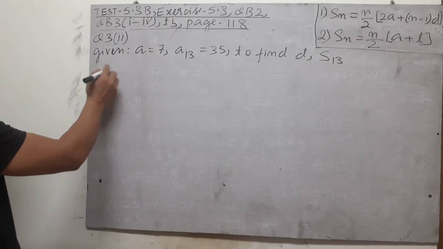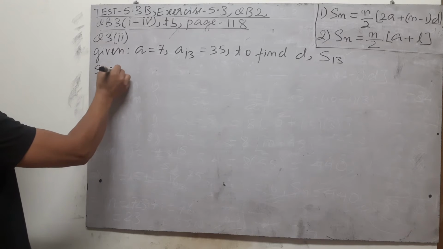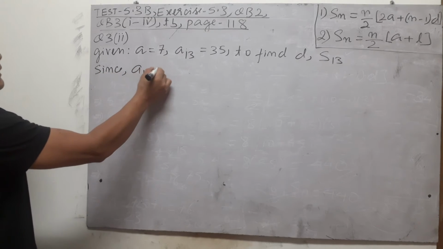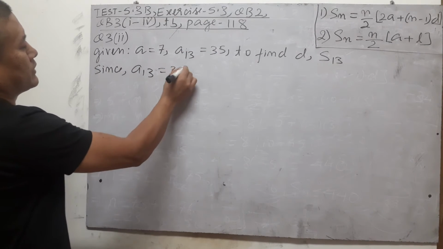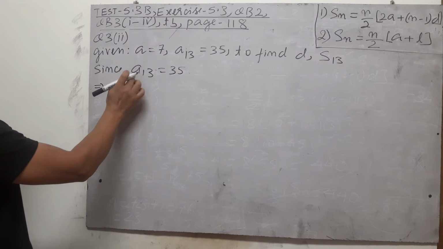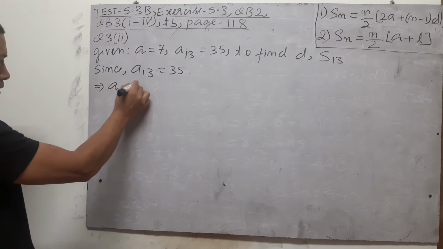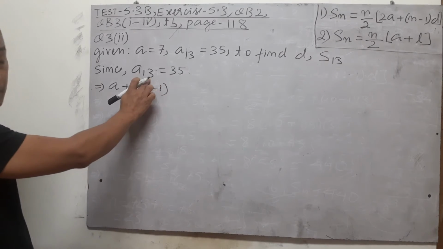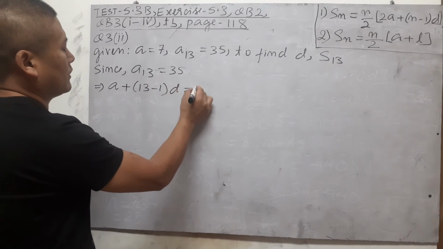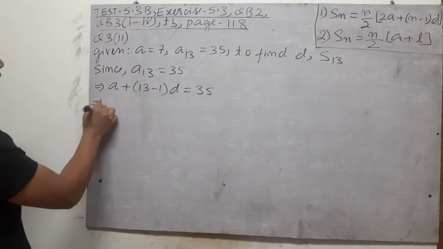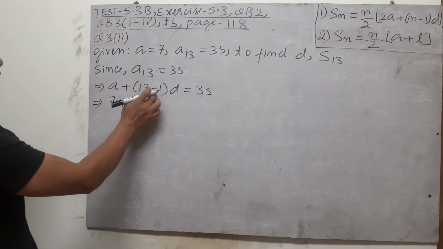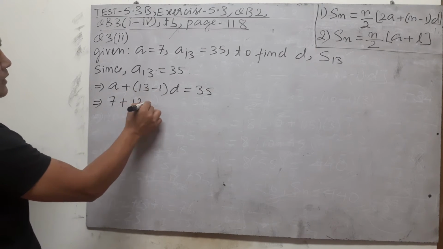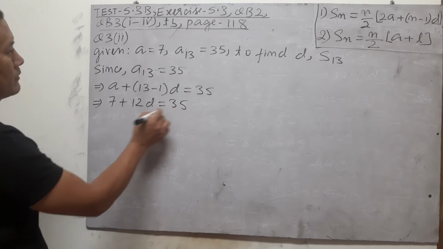Since this clue is given, a13 is given as 35, we can use this to start with. The formula for a13 will be a plus (n minus 1) into d, so 13 minus 1, because n is specific here, into d equal to 35. So a is 7, plus 13 minus 1 is 12, d equal to 35.